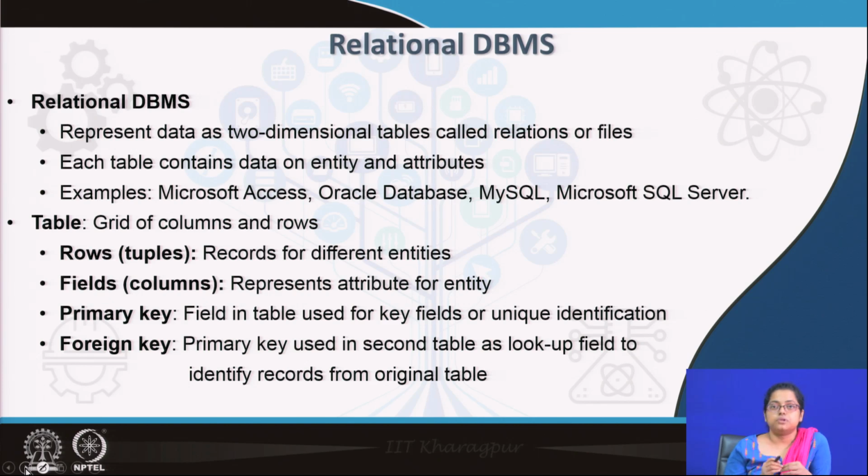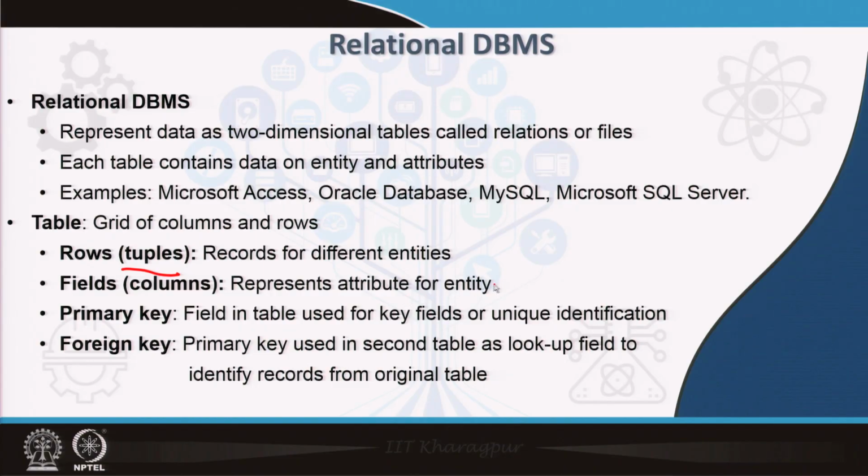Now, what is a table? Very important. A table is nothing but a grid of columns and rows. What are rows? As we saw with files, rows represent records for different entities, and rows are also called tuples technically. Fields, also called columns or attributes, represent an attribute for an entity.